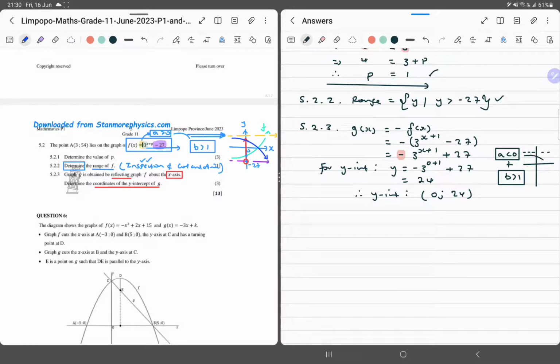So we know that we were looking at something like that already. These are the x's, the origin. Okay, so guys, please pay attention to detail. It will save you a lot of embarrassment.